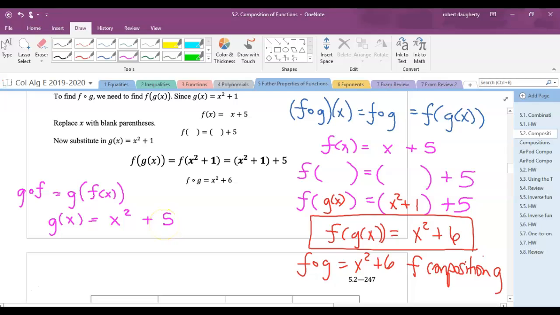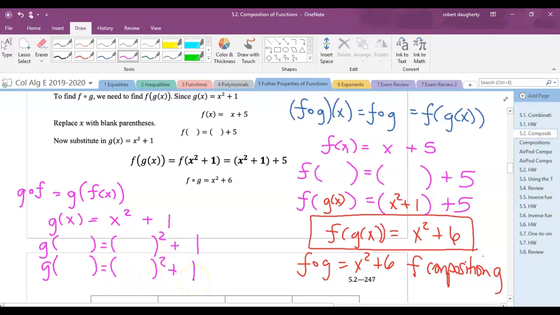X squared plus 1, okay? That's what g of x is. And now I'm going to rewrite it, replacing all the x's with what? Blank parentheses, okay? I tend to write it twice so that in your notes you could go back and see what I did.